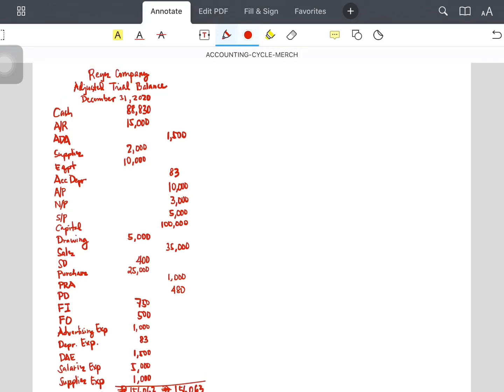And this is our adjusted trial balance, which we will use as a basis for our financial statements. So I'll start with the income statement.